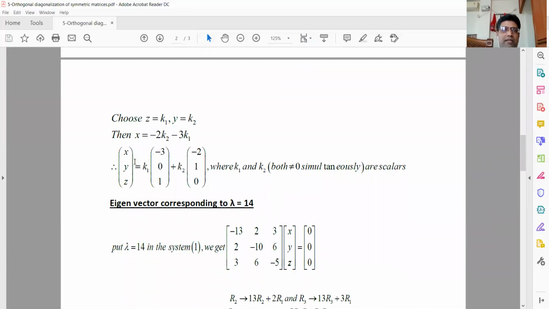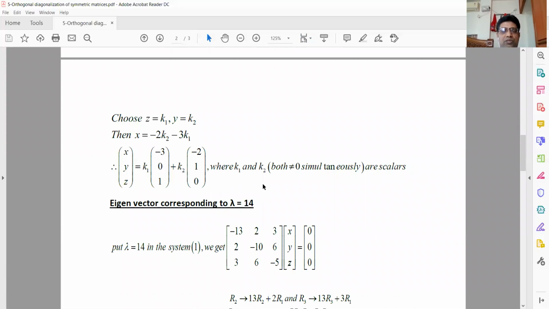Therefore, I am writing x, y, z as a linear combination: k1 times minus 3, 0, 1, plus k2 times minus 2, 1, 0. Here k1 and k2 are not equal to 0 simultaneously.